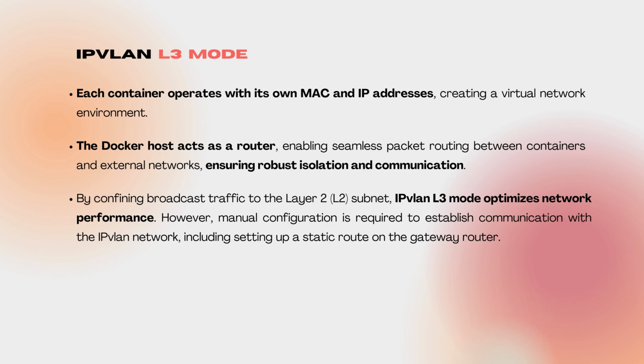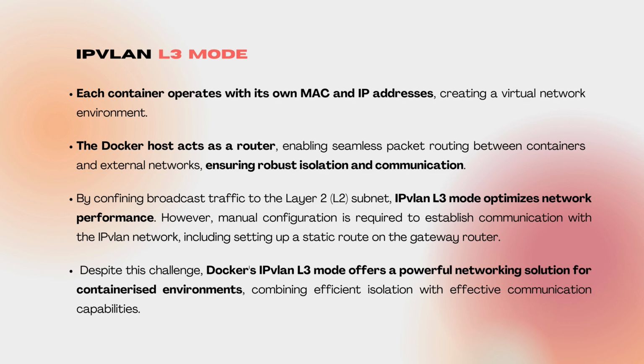However, manual configuration is required to establish communication with the IPvlan network, including setting up a static route on the gateway router. Despite this challenge, Docker's IPvlan layer 3 mode offers a powerful networking solution for containerized environments, combining efficient isolation with effective communication capabilities.